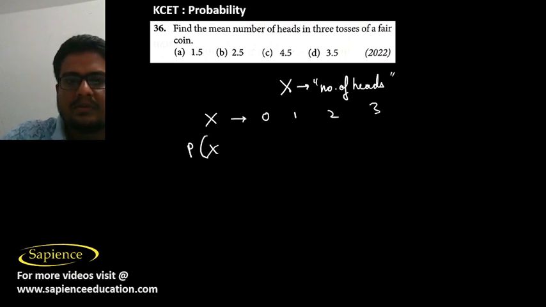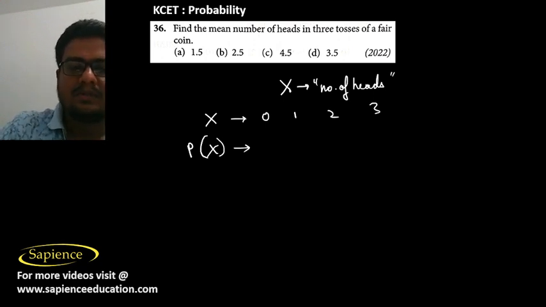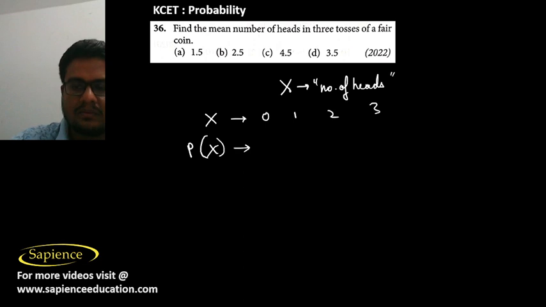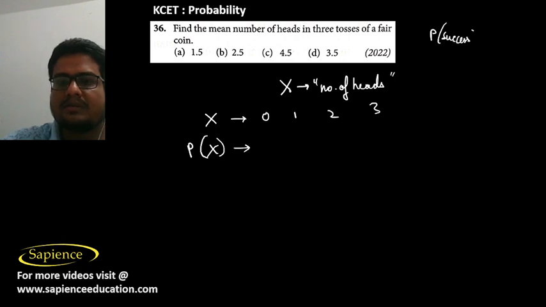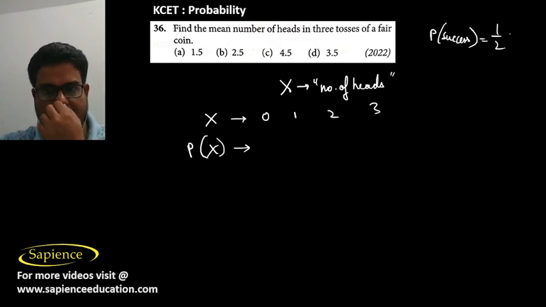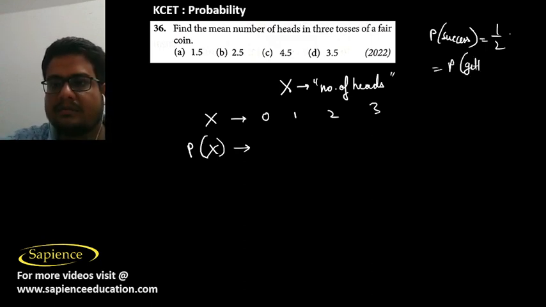And P of x means the probability for these values of this random variable x. For x equal to 0, there are no heads. Suppose we define success as getting a head. So the probability of success is equal to half, since the probability of getting a head in a fair coin is half.